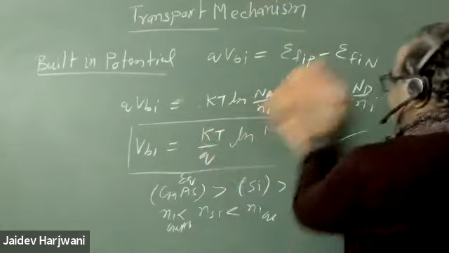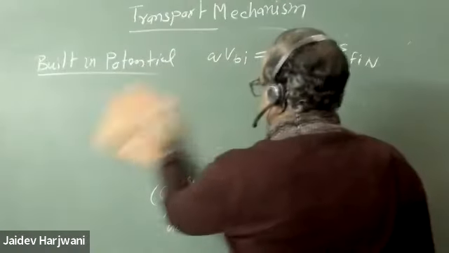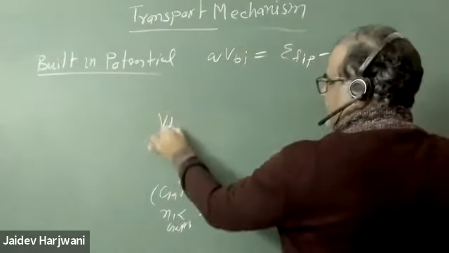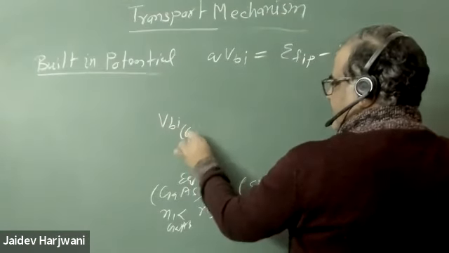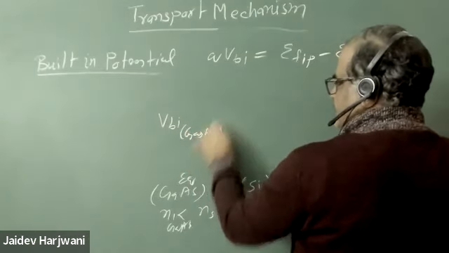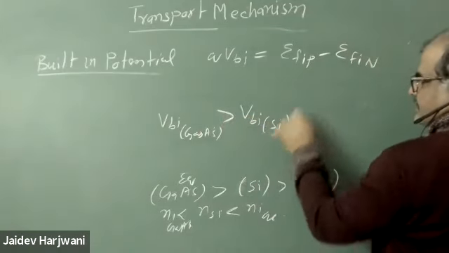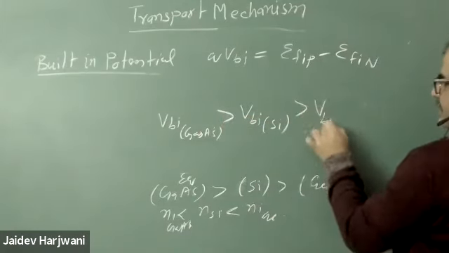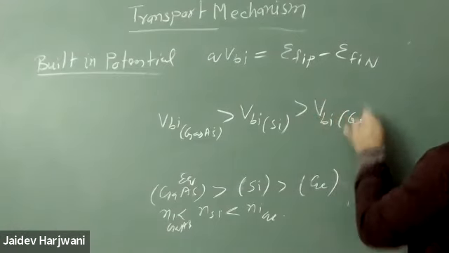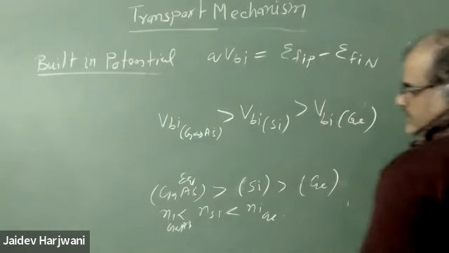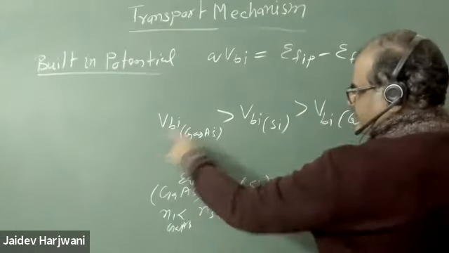So VBI for gallium arsenide is higher than VBI of silicon, which is higher than the VBI of germanium, because they have lower concentration.